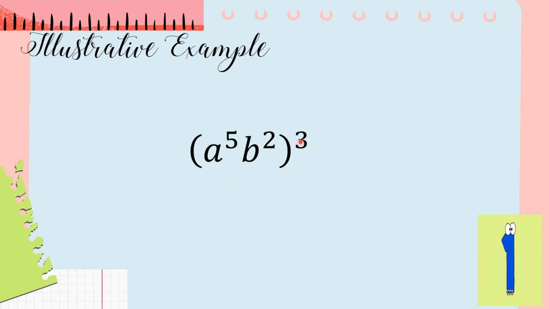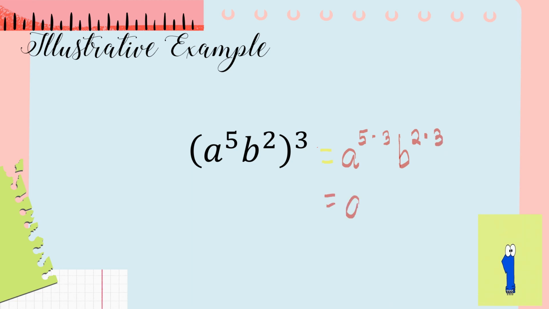The cube of the quantity a raised to 5, b raised to 2. So we just copy the base and multiply the exponents. So we have a raised to the exponent 5 times the exponent outside 3, and then we have b raised to the exponent 2 times the exponent outside 3.